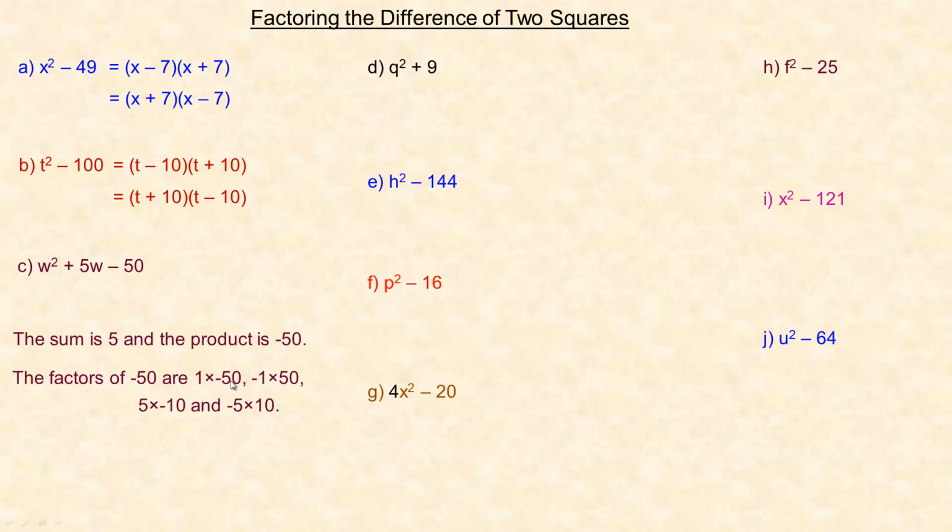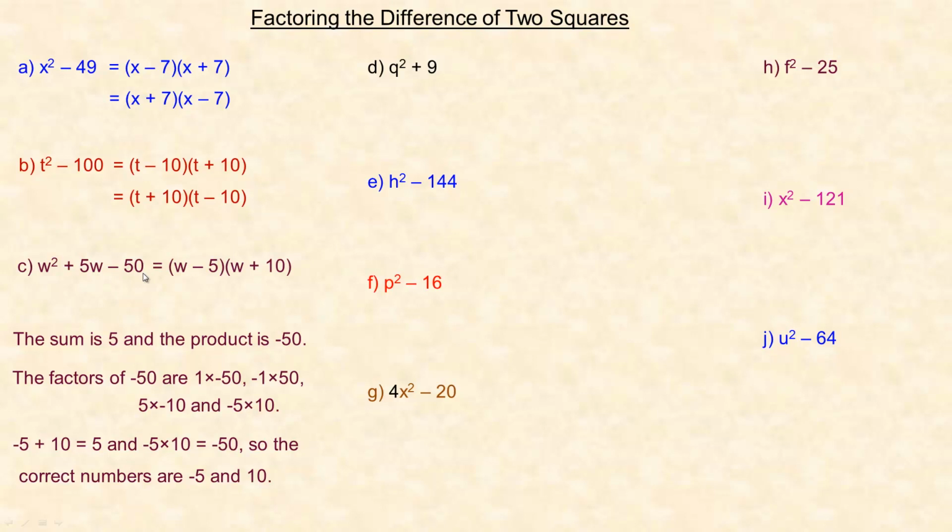So that's why I've got two numbers here, one positive, one negative. And the only pair of these, of the 4 possible factors of negative 50, that add to positive 5 is this one at the end. The 10 has to be positive and the 5 negative. So negative 5 plus 10 is 5, okay, adds to the correct sum, and multiplies to negative 50. So the correct numbers are negative 5 and 10.